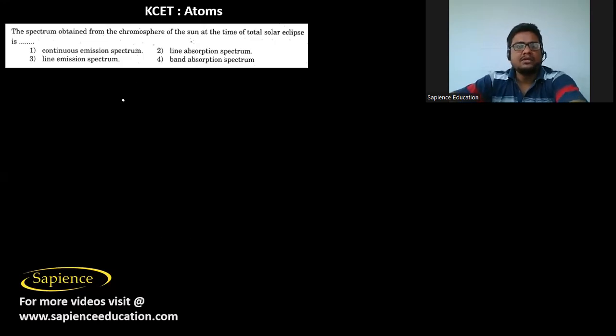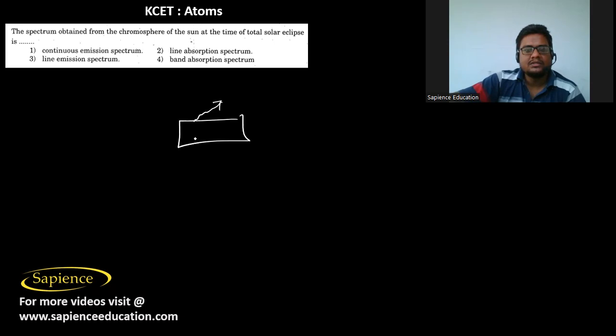Then here it is told the spectrum obtained from the chromosphere of the sun at the time of total solar eclipse. So from the chromosphere of the sun, at the time of total solar eclipse, only some frequencies will be obtained in the emission spectrum, and all the remaining wavelengths will be absorbed.